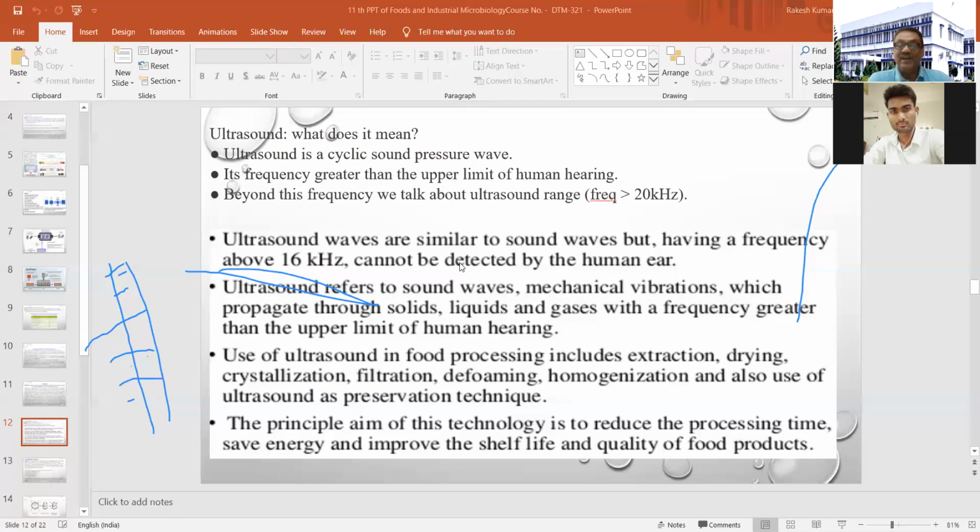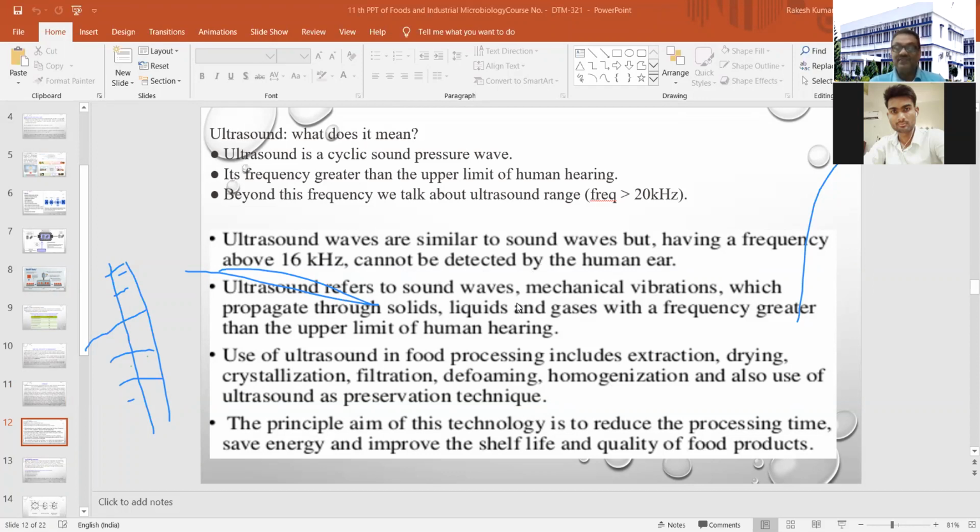Ultrasound waves are similar to sound waves, but having a frequency above 16 kilohertz cannot be detected by the human ear. Ultrasound also refers to sound waves, mechanical vibration, which propagate through solids, liquids, and gases with a frequency greater than the upper limit of human hearing.